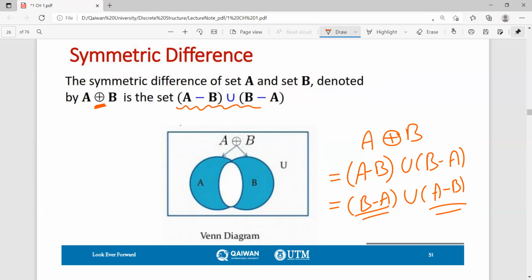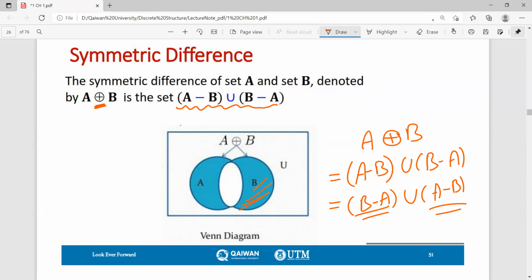So this is symmetric difference. That means the set of all elements in both sets except the common elements of both sets. You write down the elements of both sets and then remove the common ones.